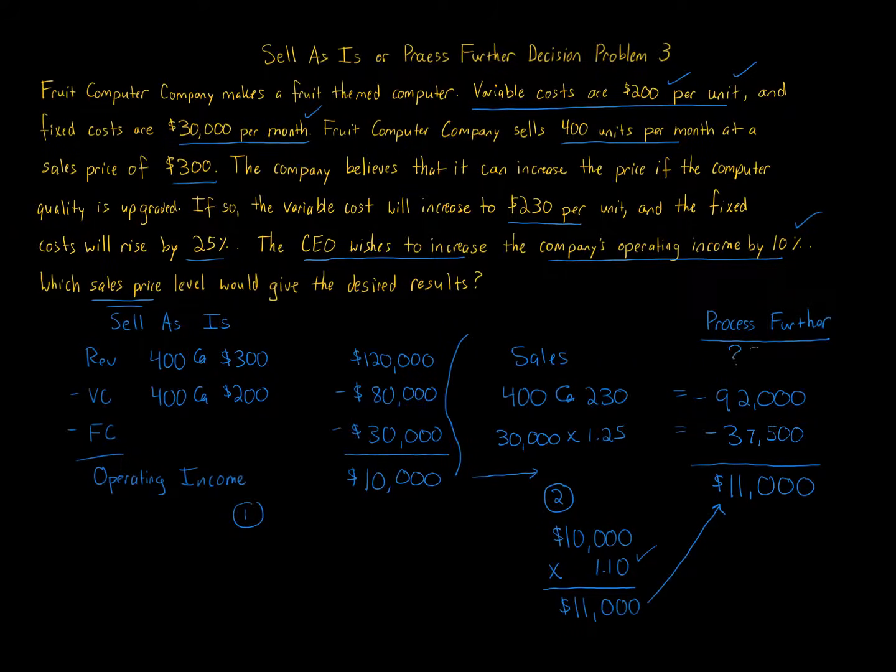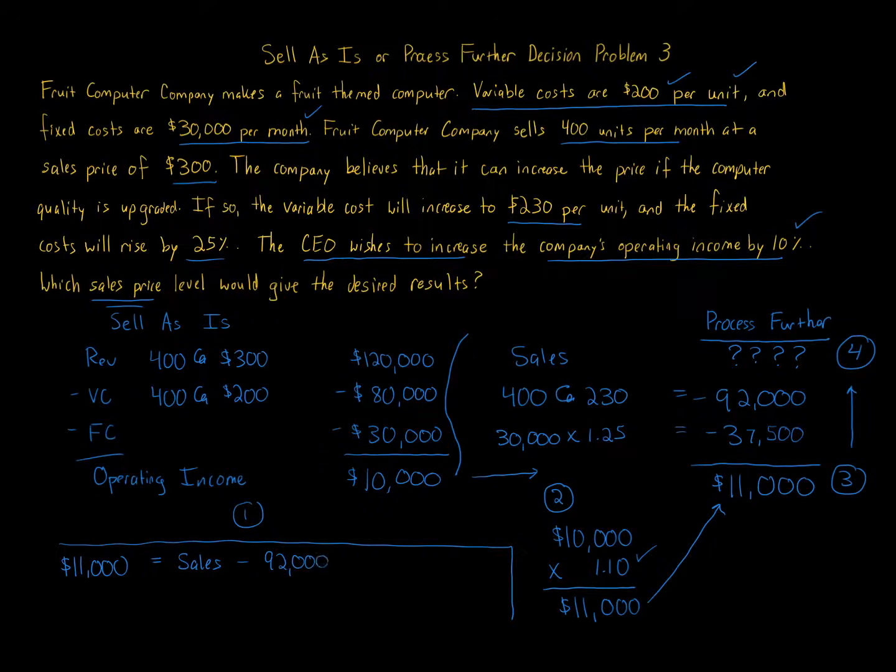Sales, we don't know. So going back over what we've done so far. Step 1, calculate operating income as sell as is. Step 2, we increase our operating income by the percentage we're told. Step 3, we set that as the operating income and we work backwards. Step 4, we solve for sales. Our operating income is $11,000, and that equals our sales, which we do not know, minus 92,000 minus $37,500.